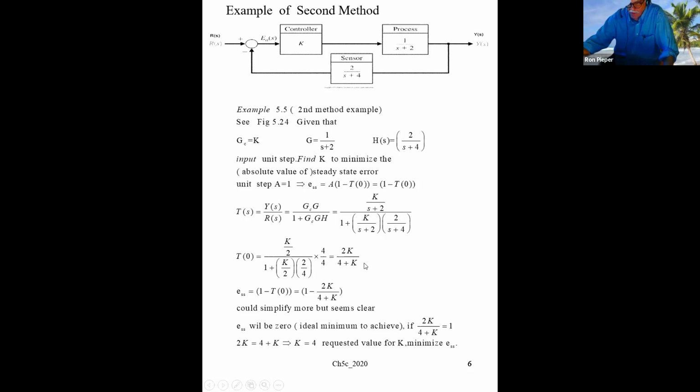So our general expression for the error, prior to actually picking a K to minimize the error, would be the following, just by plugging in that transfer function evaluated at S equal to 0 right in where, according to the recipe, it needs to go.